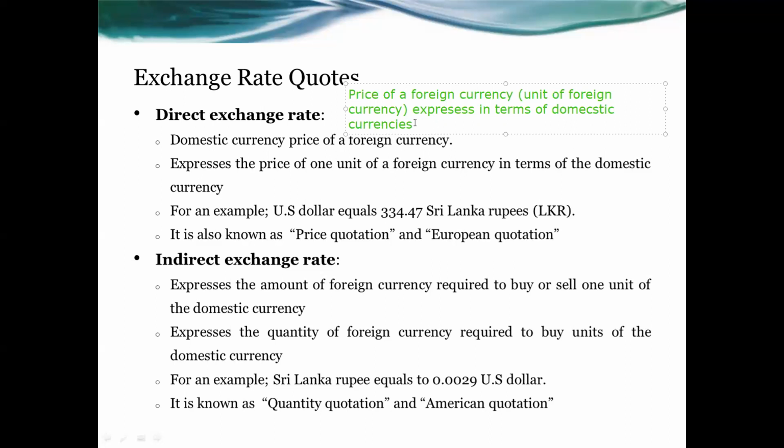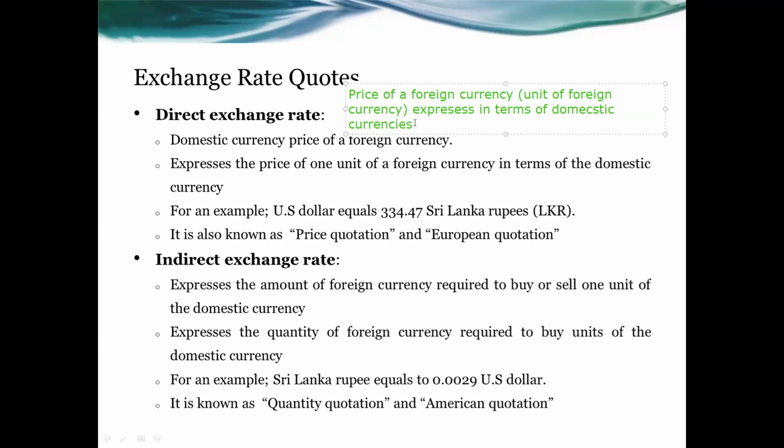LKR is the common symbol used for our currency. That is the way the central bank announces the foreign exchange quotation. So that's what we call the direct exchange rate.